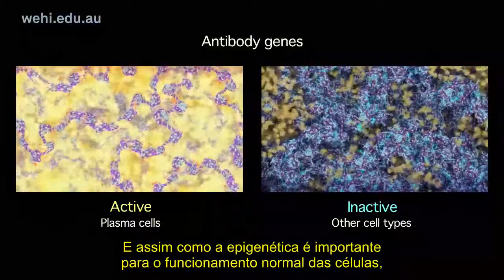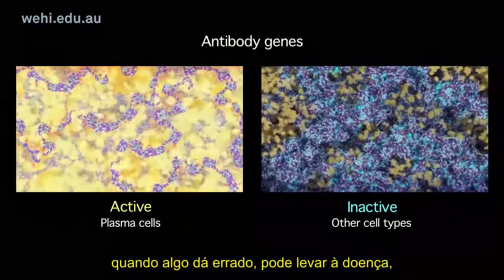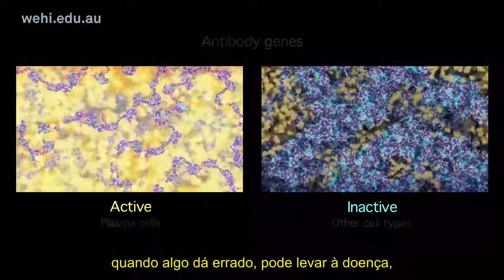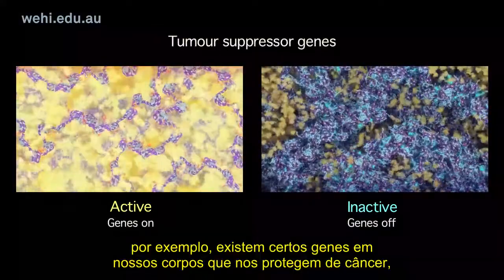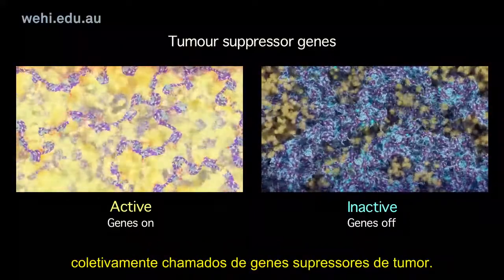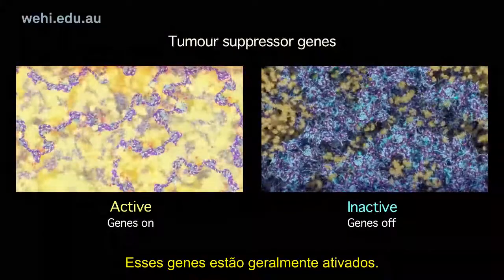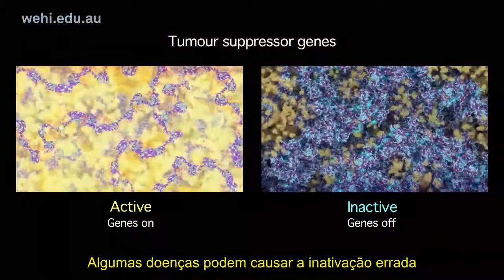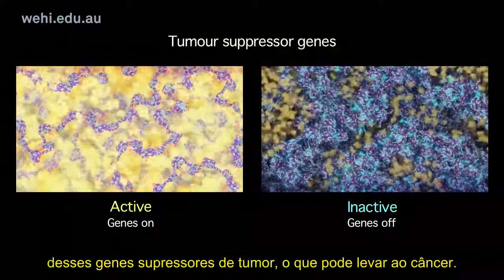And just as epigenetics is important for normal cell function, when things go wrong, it can lead to disease. For example, there are certain genes in our bodies that protect us from cancer, collectively called tumor suppressor genes. These genes are usually on. Some diseases can cause the aberrant inactivation of these suppressor genes, which can lead to cancer.